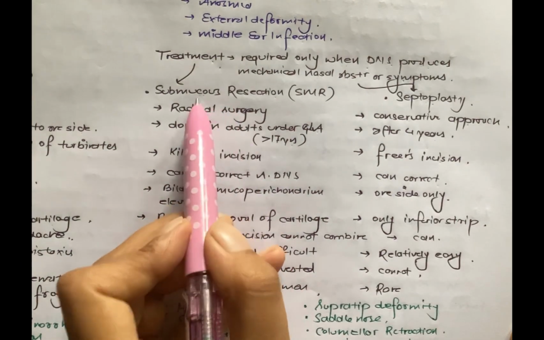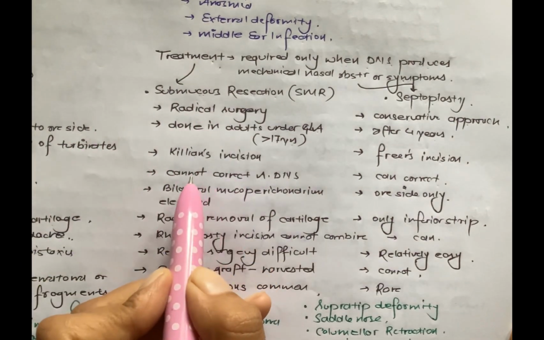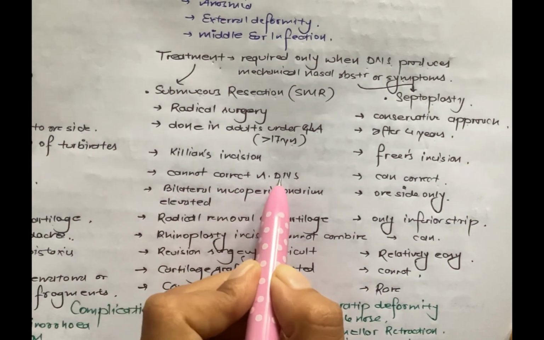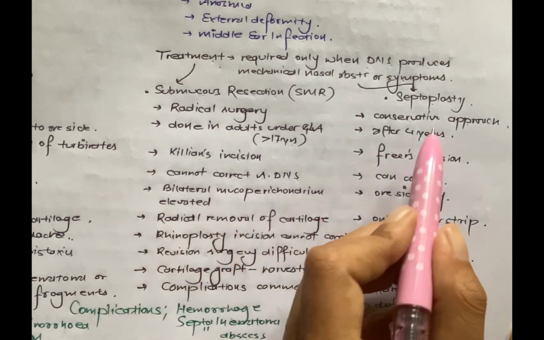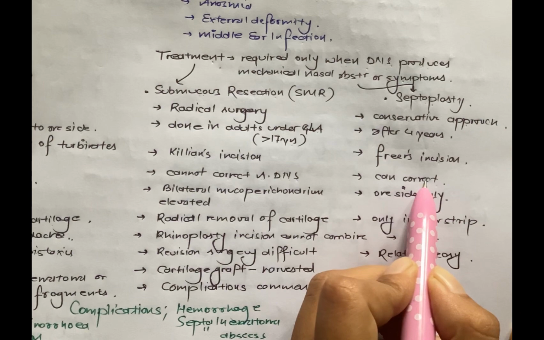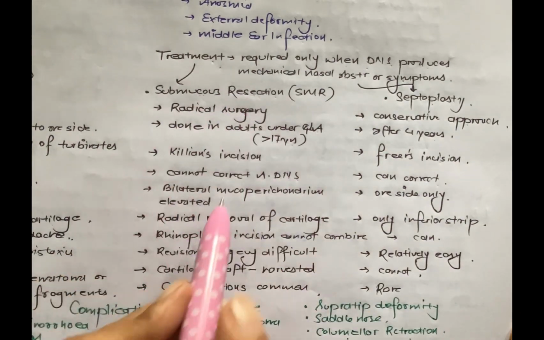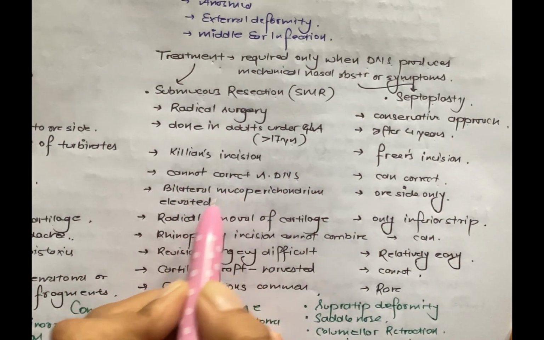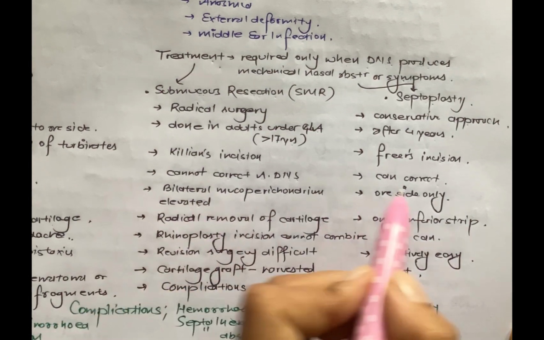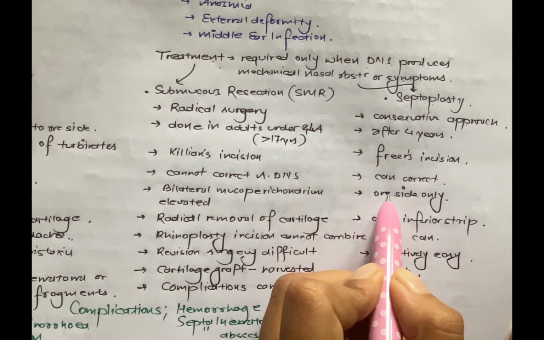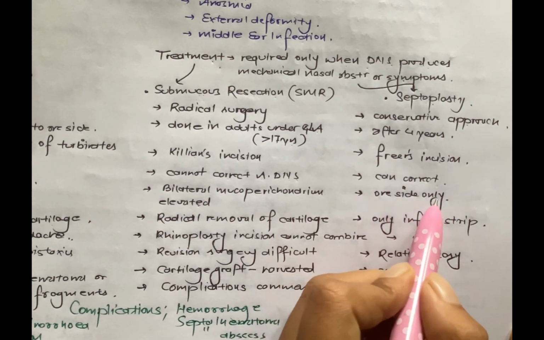Submucous resection cannot correct anterior deviated nasal septum, whereas septoplasty can correct it. And in submucous resection, there is bilateral mucoperichondrium elevation, whereas in septoplasty, mucoperichondrium is elevated on only one side.